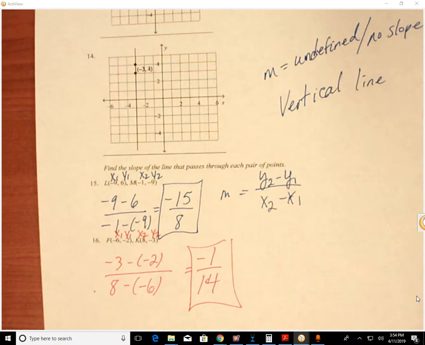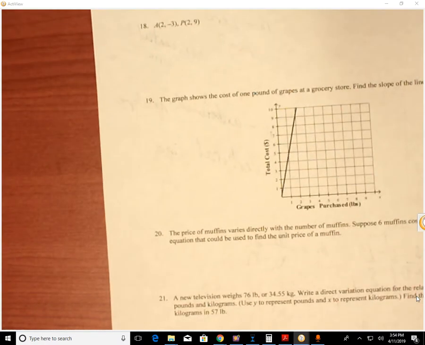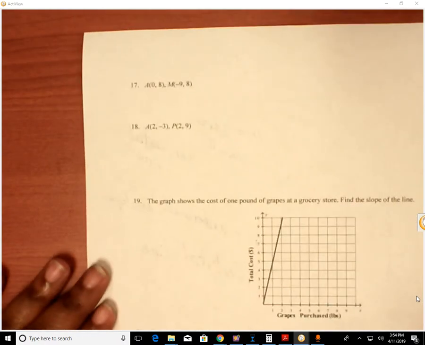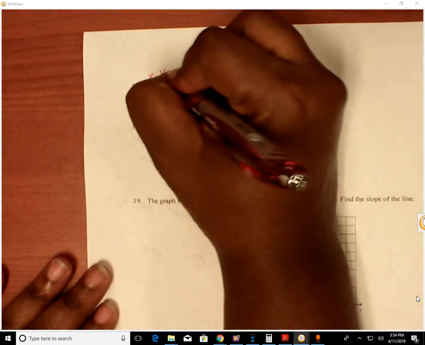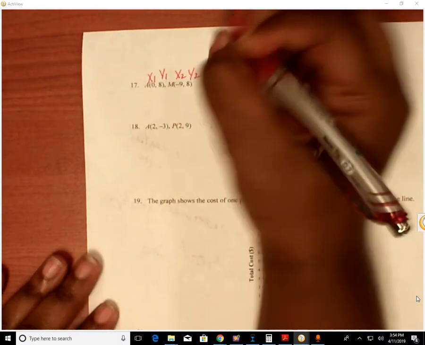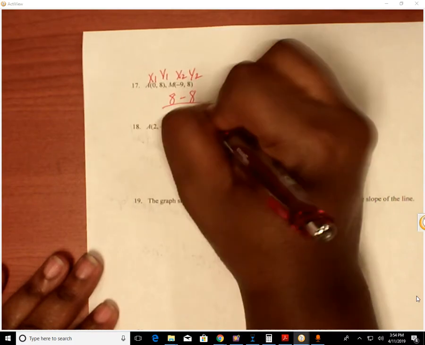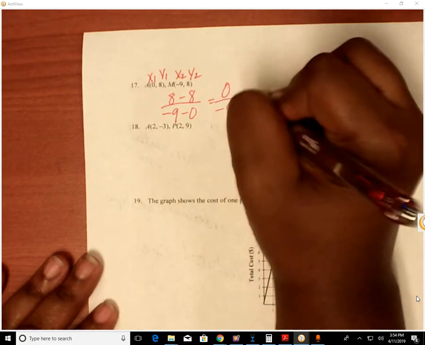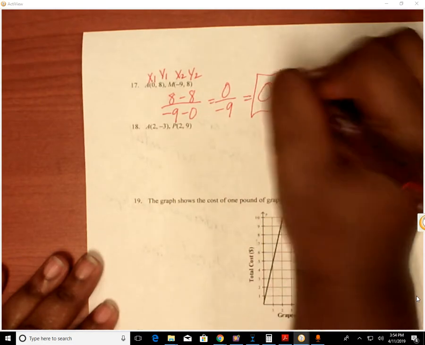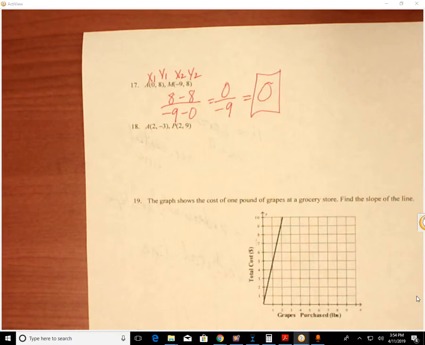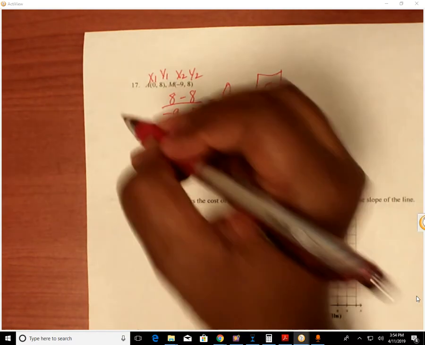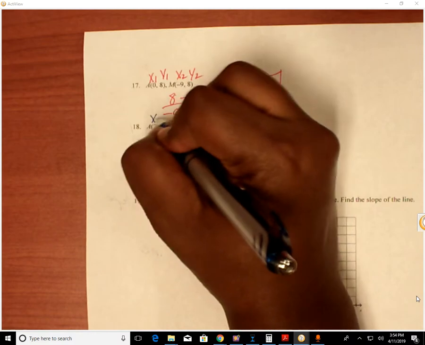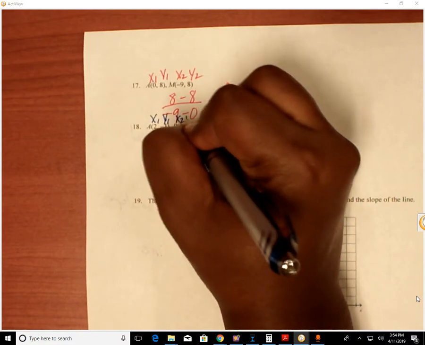Okay, let's do number 17. I'm sorry, 17. I'm lost for a minute. So we have x1, y1, x2, y2. So we have 8 minus 8 and negative 9 minus 0. That's going to give you 0 divided by negative 9, which is just 0. Remember, that's a horizontal line. x1, y1, x2, y2.